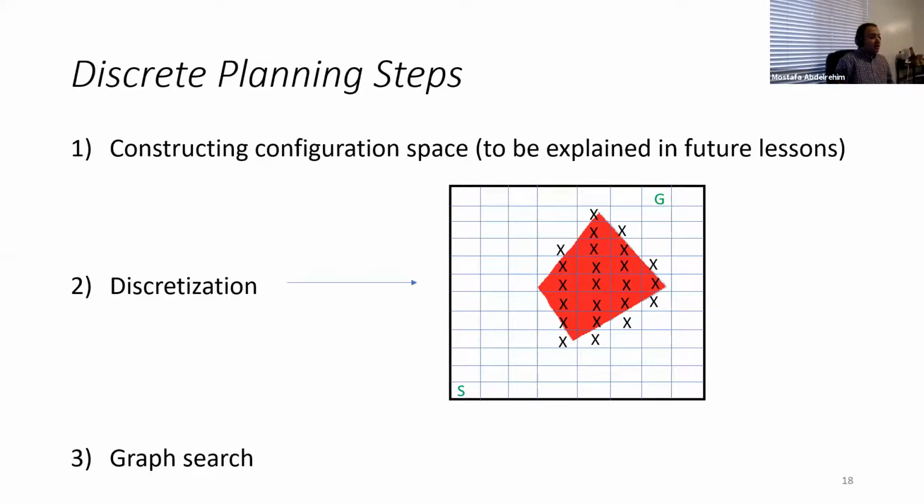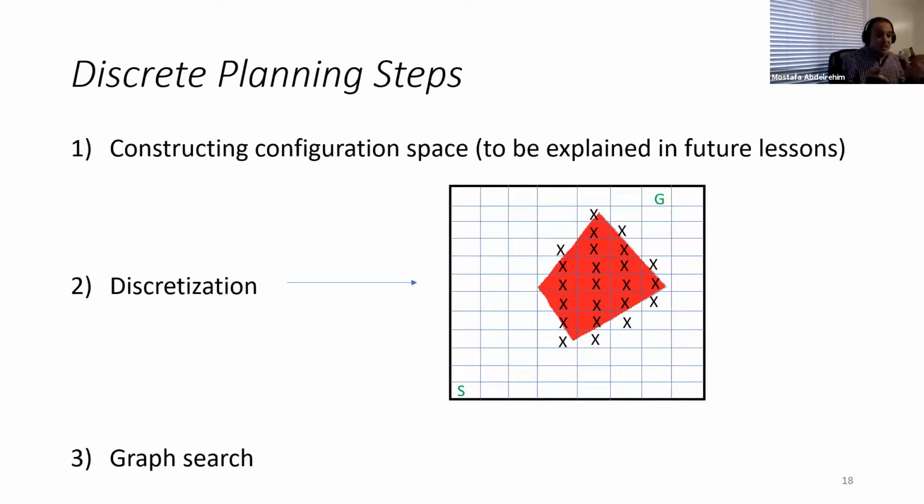Basically, we will study first the discrete path planning, and the discrete path planning needs 3 steps. First, constructing what's called the configuration space.